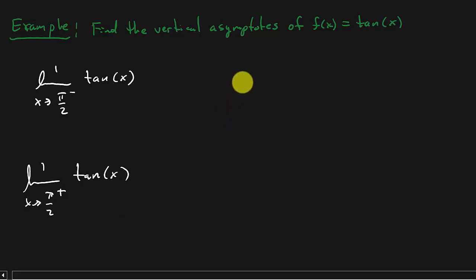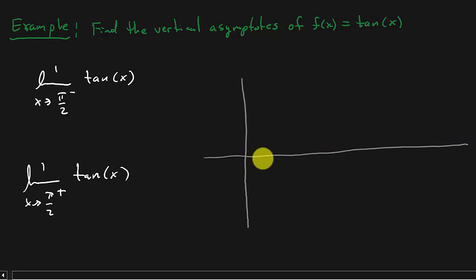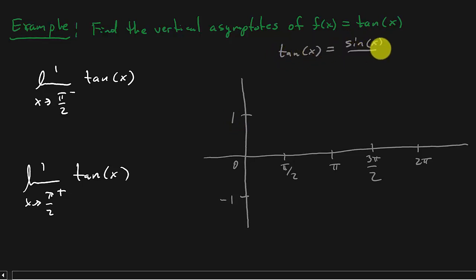Okay, so if we look at the graph, we've got 0, we've got 2 pi, 3 pi over 2, and pi over 2. All right, and there's 1, there's negative 1 and 1. So one thing we know is that tangent x is equal to sine x over cosine x.